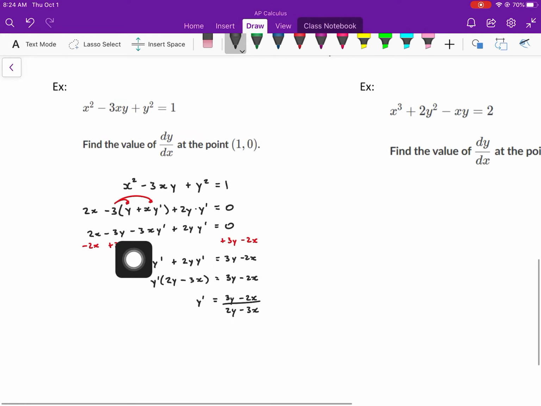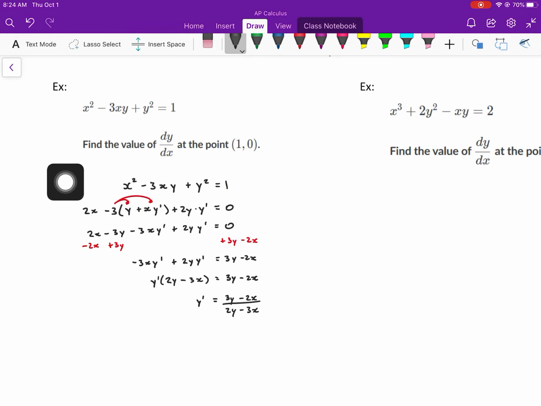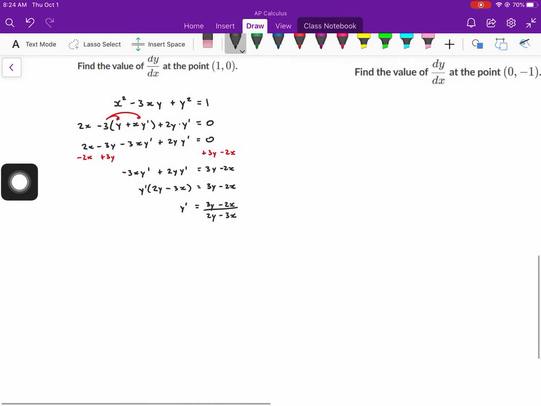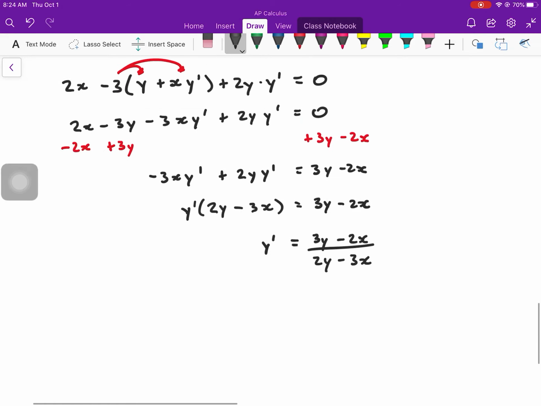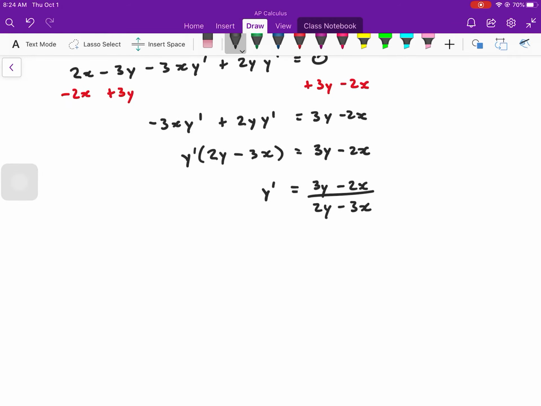And then we want this derivative at the point (1, 0). So that means your x is 1.